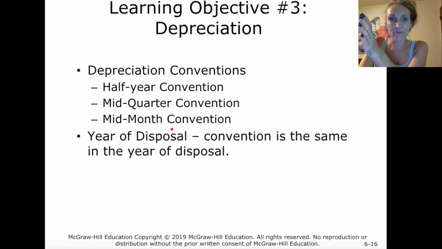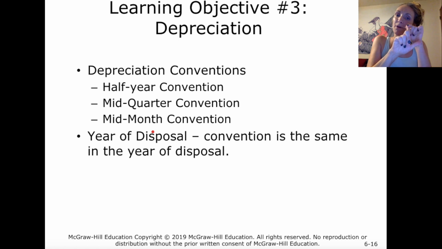No fancy rules for real estate, whether commercial or residential. Mid-month applies. In the month you purchase the real estate, you get half a month, and then depreciation is going to start. So let's say you bought real estate in September. You're going to get half a month for September.